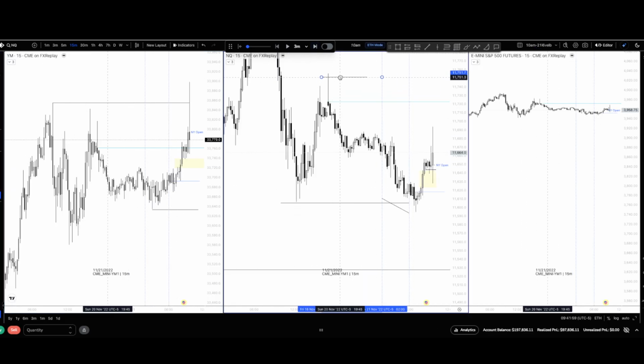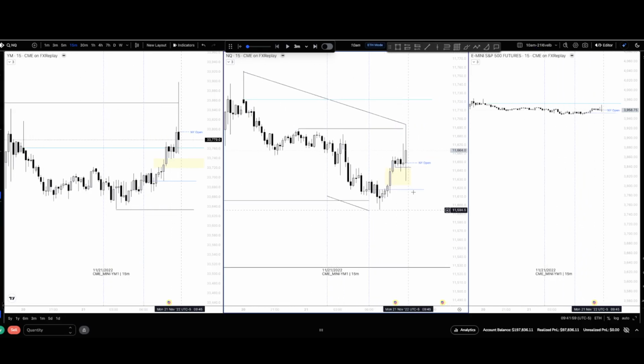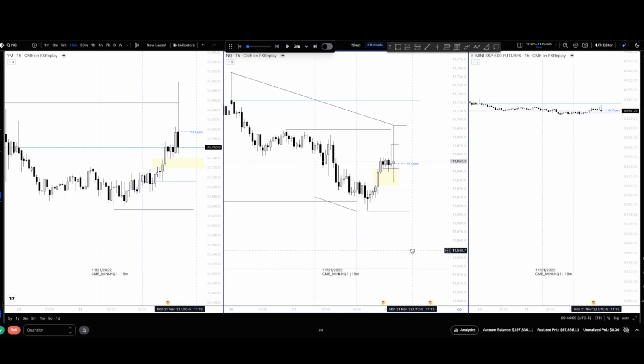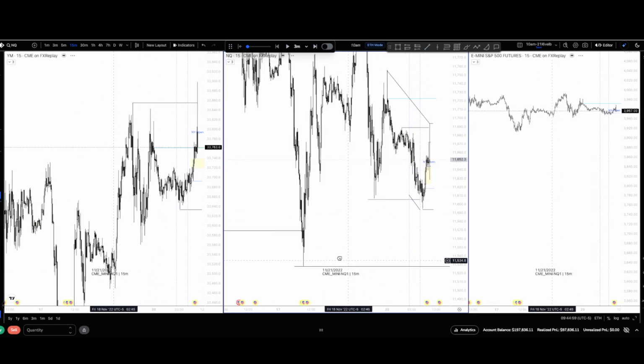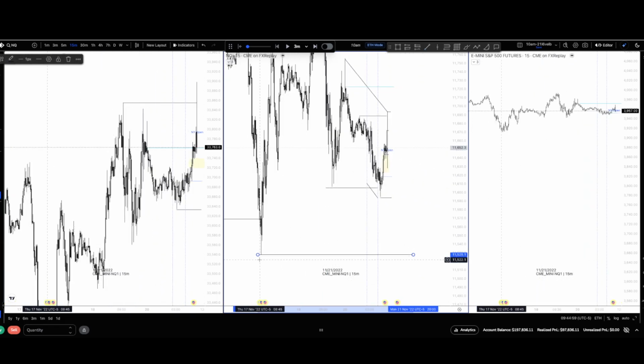So with the validation of this SMT, that means that NQ could possibly be going lower here. So I would wait for this 15-minute closure, and then we got a 15-minute C2, SMT, and a PSP trading back down lower to the low of the day, off of a relevant point of interest and in favor of getting us to this low.